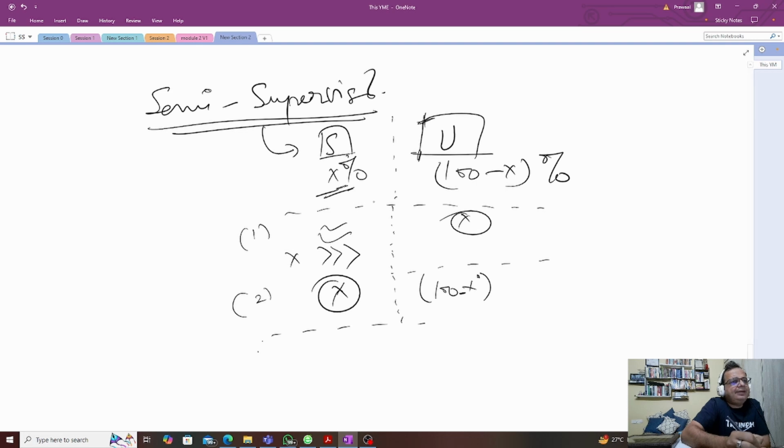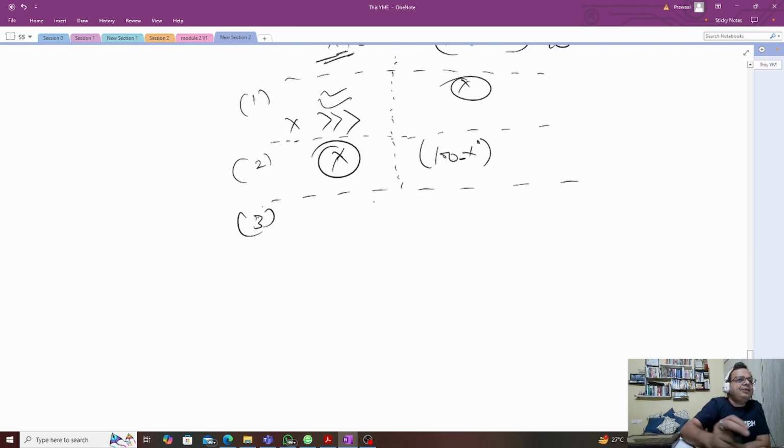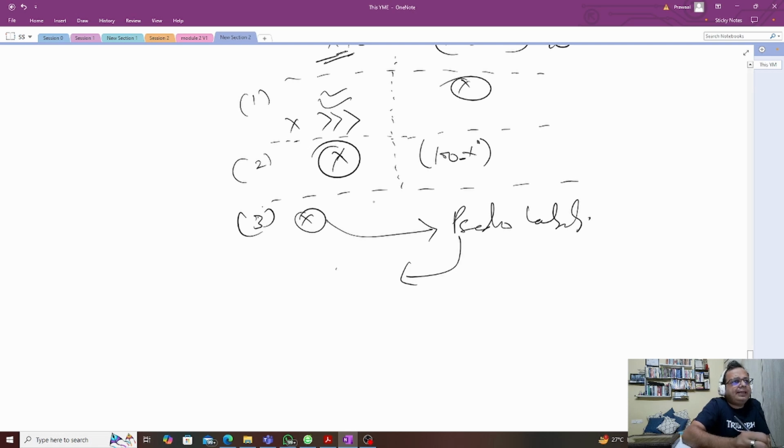And the third category, which is the most practically used, and logically also it sounds like we should do this, is when you use a combination of both. Sometimes you make an interim model from your labeled data, and then you use that to label your unsupervised data. So you put some kind of pseudo labels, and once you have these pseudo labels, almost your entire data, 100% of the data becomes labeled, and then you can use this as supervised learning.